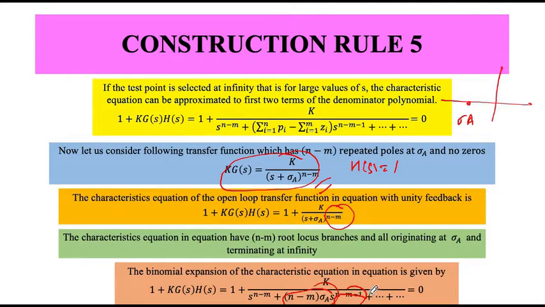Again, for a large value of s, I just stop here and say this is a good approximation at the large value. Therefore the straight line root locus branches of the transfer function are asymptotes of the transfer function with centroid.